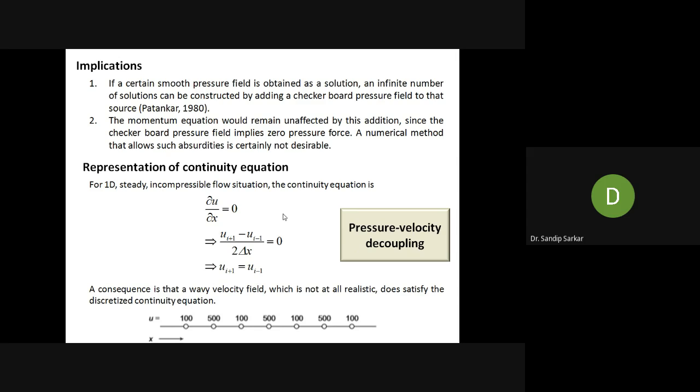Is that clear to everybody? What do you mean by pressure velocity decoupling? Is it clear? Yes, sir.